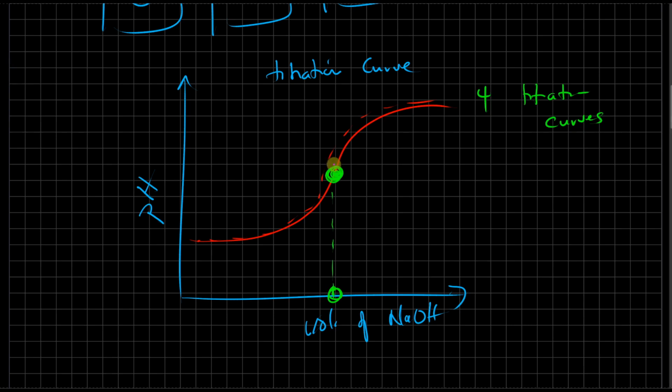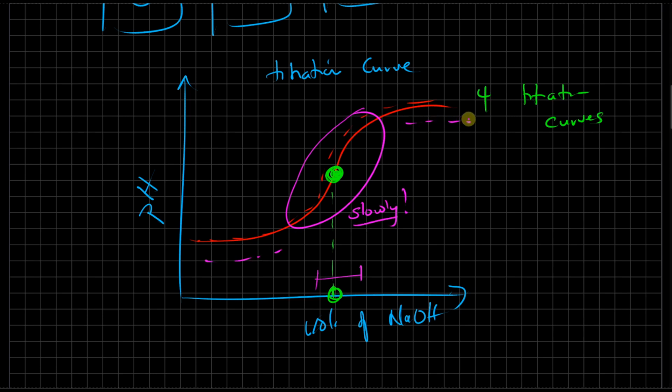Notice that in this region here, the pH changes really quickly for a little bit of NaOH added, so you have to go really, really slowly in this region. The region out here and up here, you can go much faster, but in the equivalence point region, you have to go really, really slowly.